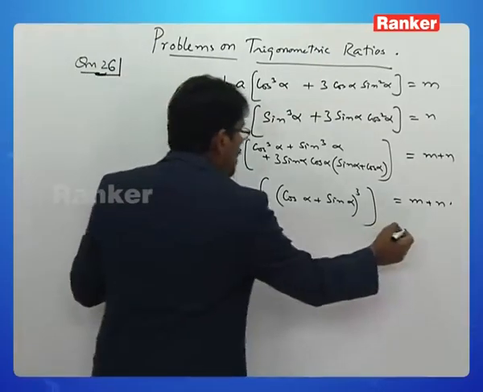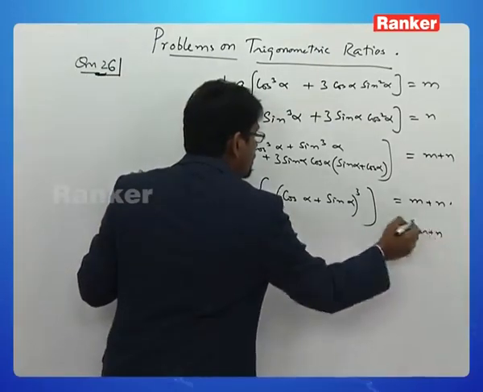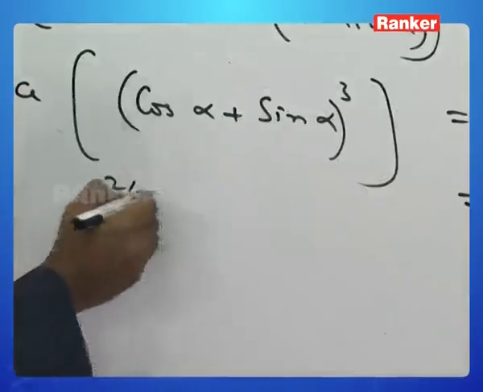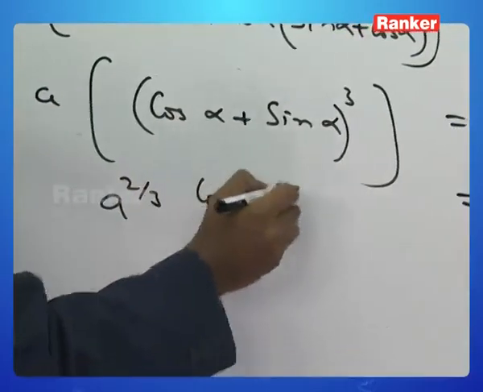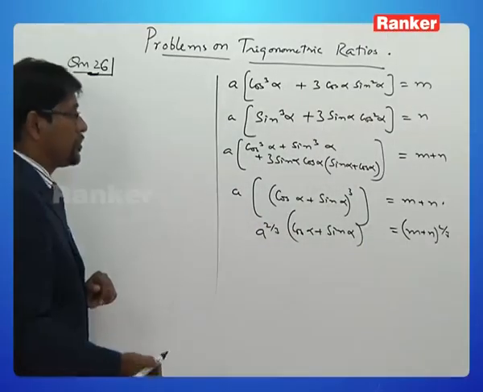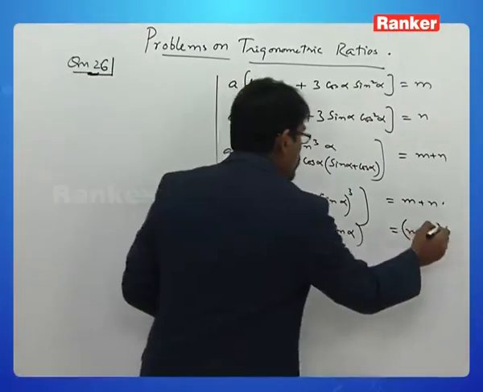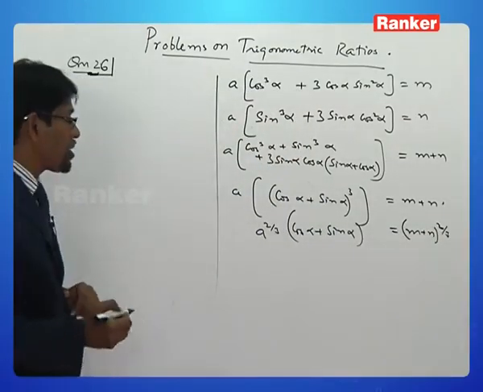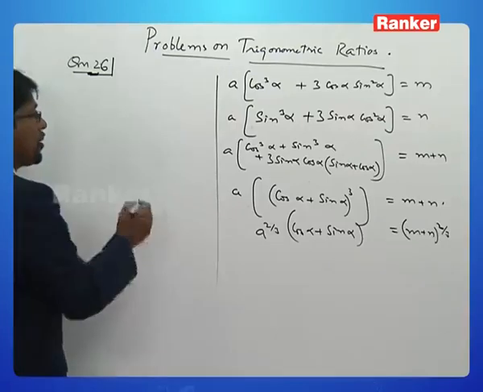So m plus n raised to the power 2 by 3 will be a power 2 by 3 into cos alpha plus sin alpha.